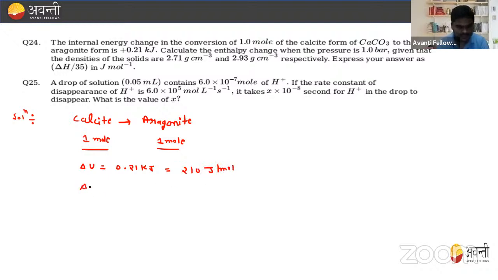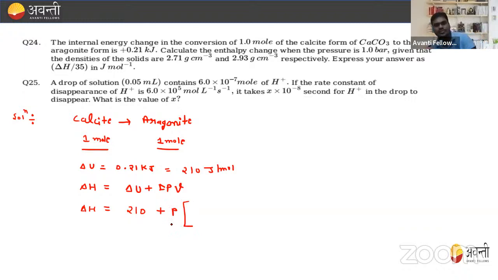Then delta H, we know what delta H is. It is equal to delta U plus delta PV. P is given as 1 bar. Now just calculate delta H. Delta U is given as 210 joule, plus how will you calculate delta PV? P is 1 bar, and how will you calculate V?